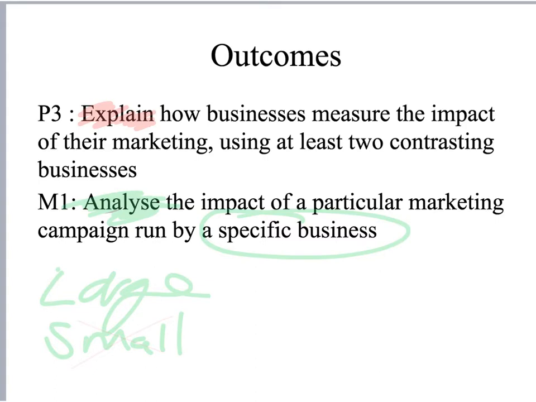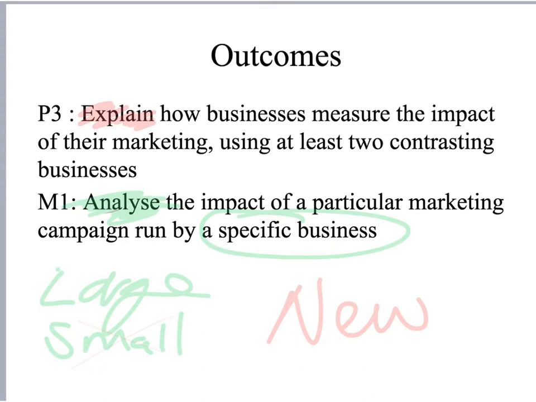You could just throw the baby out with the bathwater and go for a totally new business because you can't find any data on the businesses that you chose. That is fine, okay? So either go with the large business from P3 or go with a totally new one.